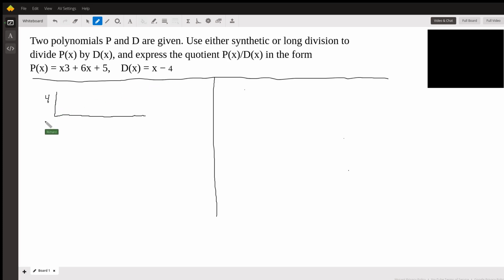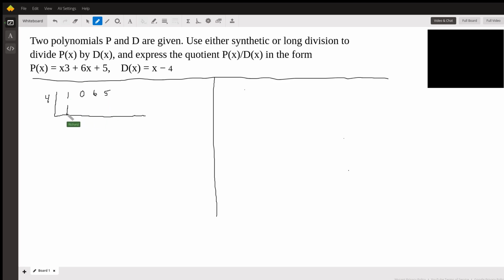You want to put the zero there. And then we fill in the coefficients here, which would be 1, 0. There's a placeholder for the x squared term. This is the x cubed term, x squared term, 6, 5.